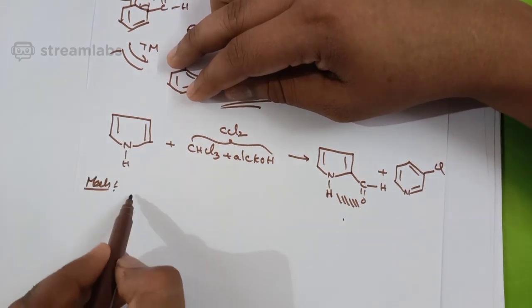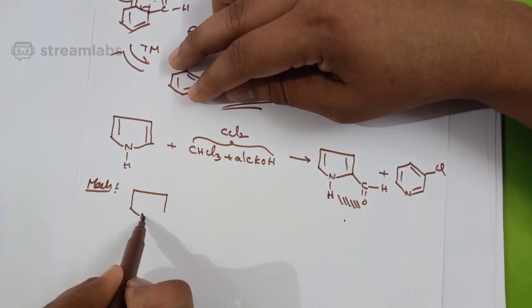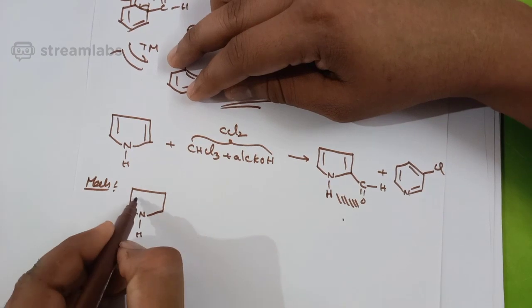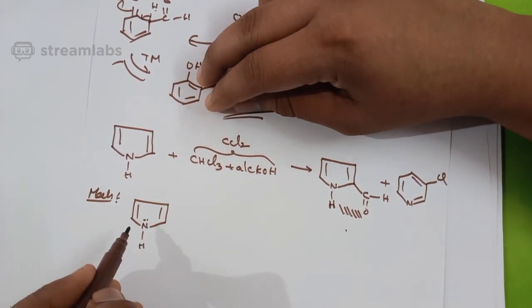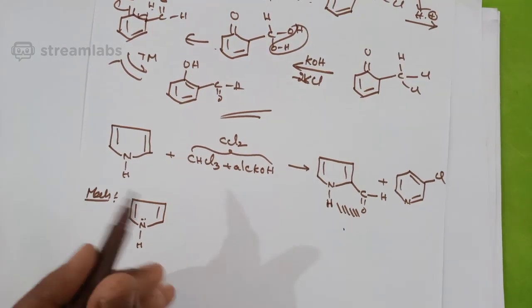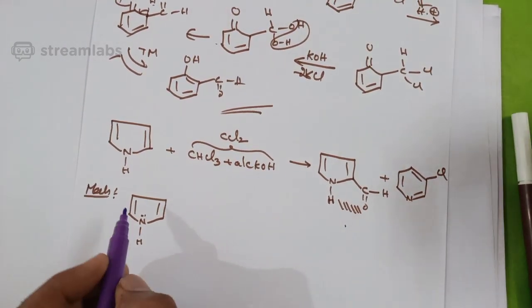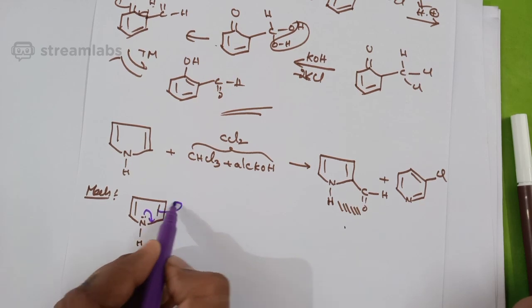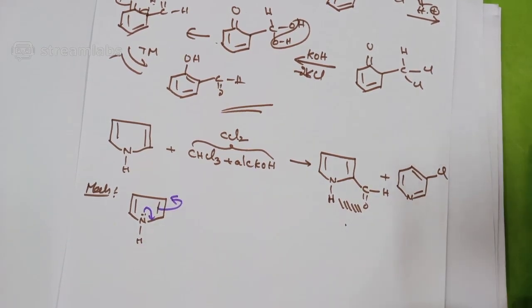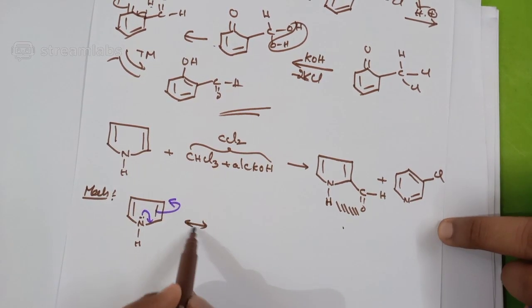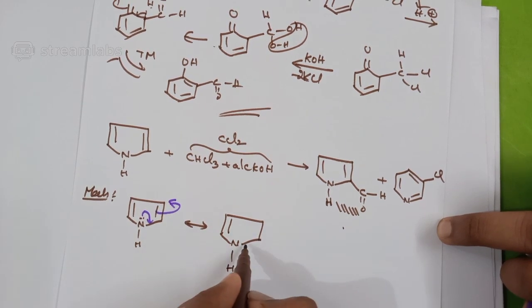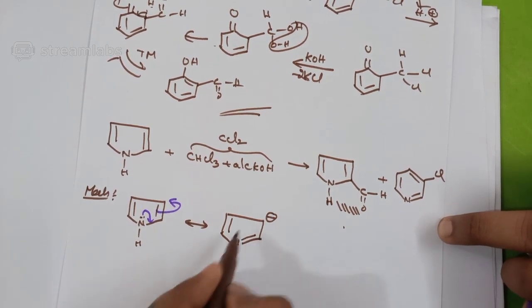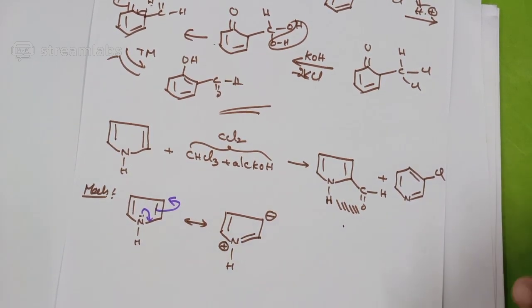Before that, first we need to know the resonating structures of pyrrole. Nitrogen has a lone pair. This bond shifts and this bond shifts. Here is a double bond. Here N plus, right?